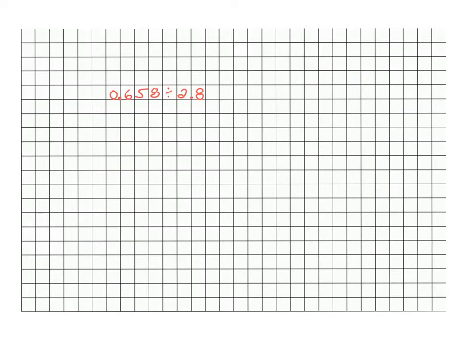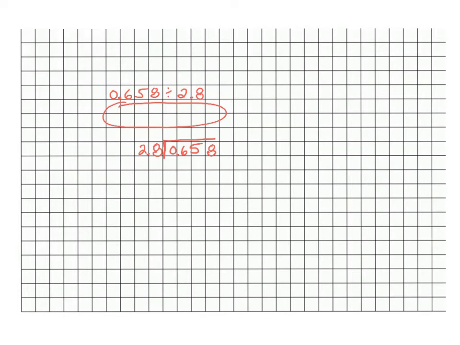0.658 divided by 2.8. When I do this, I first of all write the problem the way it is: 2.8 divided into 0.658. Rather than going through like I did before, you can certainly do that if you want to, I just change the decimal in the problem after I've written it.